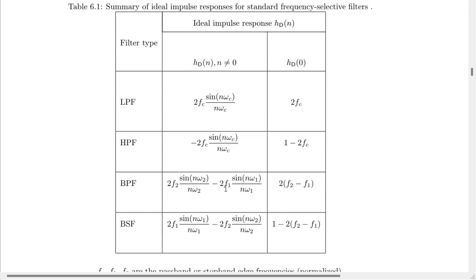Here, for example, you see having two sinc for band pass filter and band stop filter. For high pass filter it is minus whatever you mention for low pass, and so on, of course, except for H desired of 0. Okay? Anyhow, we want to design a low pass filter, so we will use this information from table 6.1.